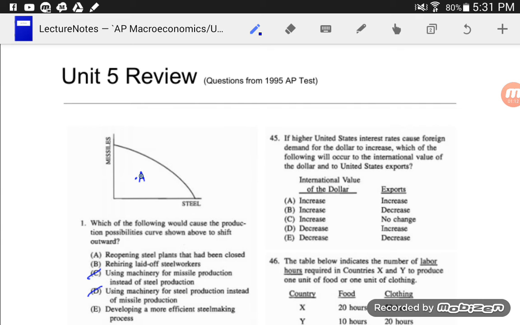If I was at point A, then reopening steel plants or rehiring laid off steel workers might get me back to my full production capacity, but it's not going to increase my future production abilities. So the only one that makes sense here is E. If we develop more efficient steel making processes, yeah, that would allow me to potentially produce more in the future.